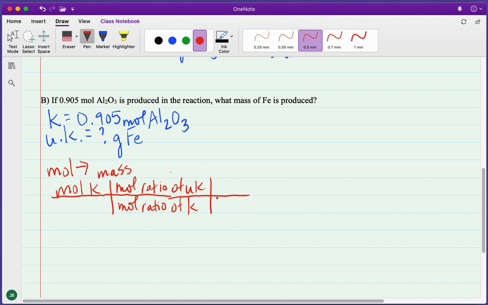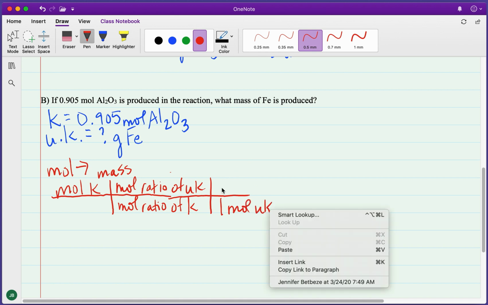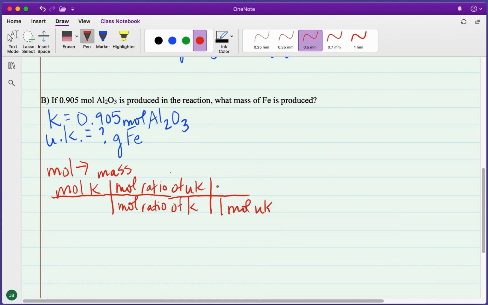And from here, we can go ahead and use the molar mass of the unknown. So for every 1 mole of the unknown, we have a molar mass of unknown. So that's our map that we would use for this kind of problem.